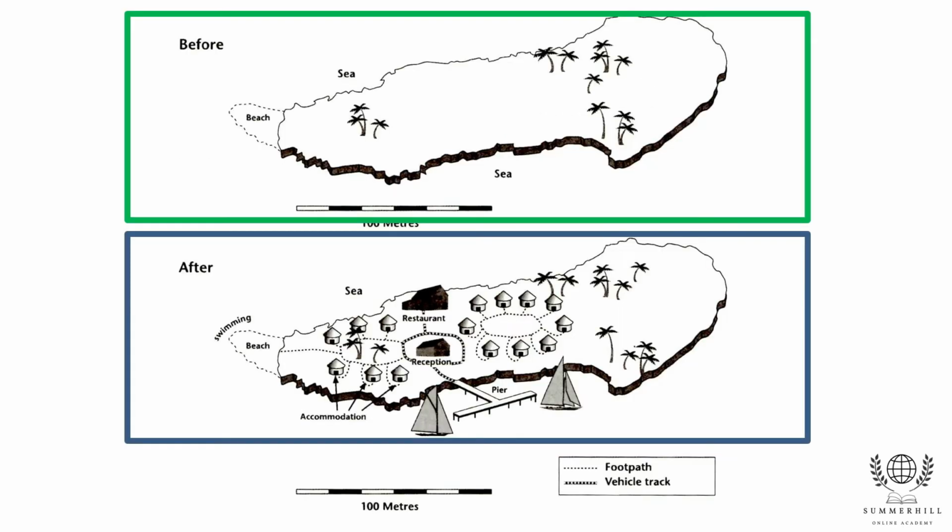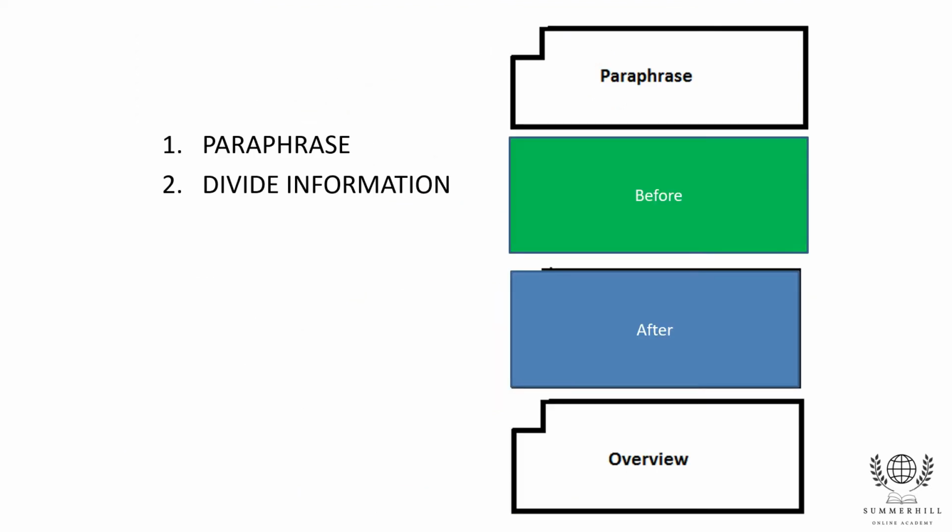It's also important to notice that the first map is rather empty. It does not have as much detail as the second map. In this particular instance, it would make a lot more sense that our first body paragraph describing the map before the construction would have a lot fewer details than our second body paragraph, which is fine.